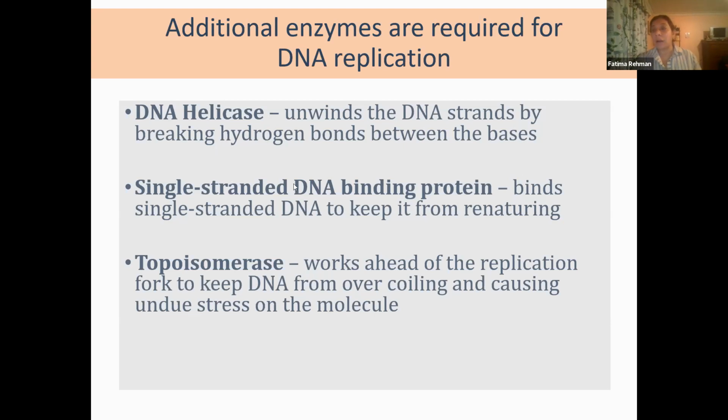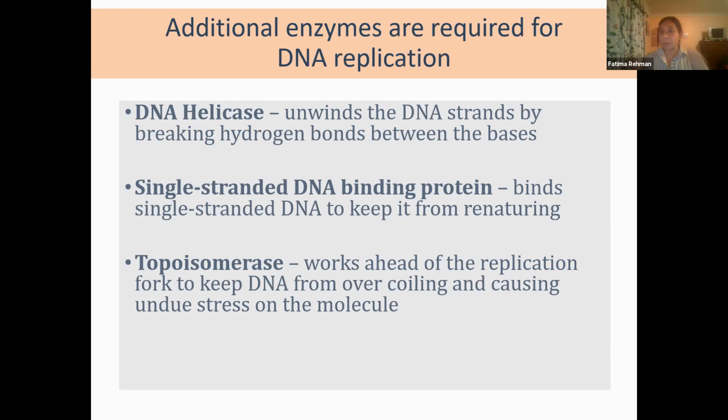Now, before that, obviously, you had to unwind the DNA. The unwinding of the DNA is done by a particular enzyme. Its sole job is to unwind the DNA and make it into that straight DNA molecule that can be separated, and that's DNA helicase. The DNA helicase disrupts the hydrogen bonds between the bases so that they can separate at the origin of replication specifically.